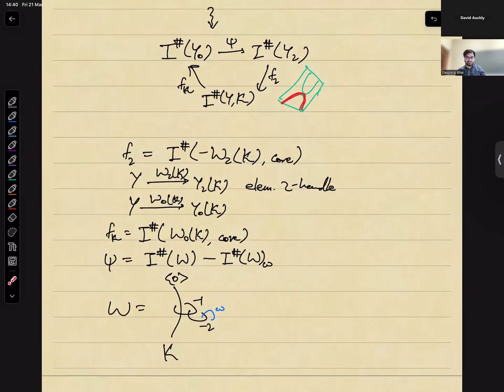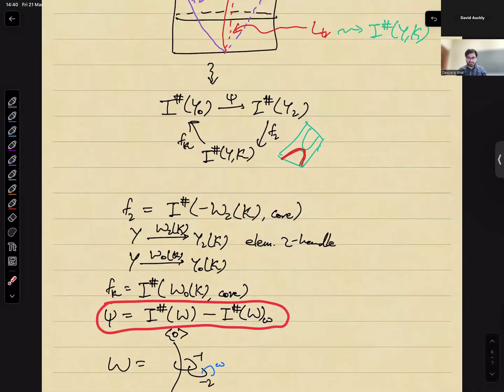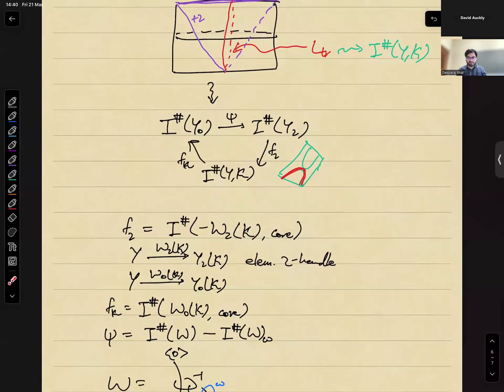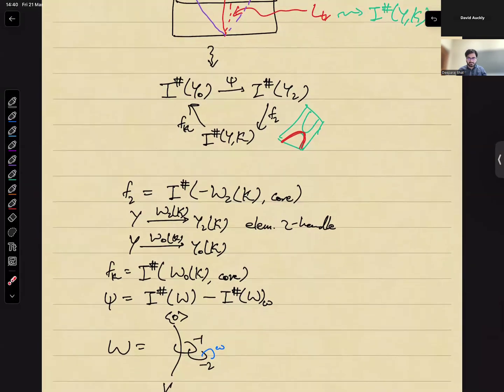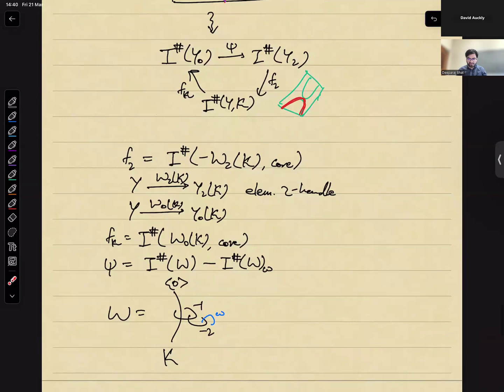Figuring out what this map psi is under all of these identifications takes a little more trial and error, but this is what the final result ends up being.